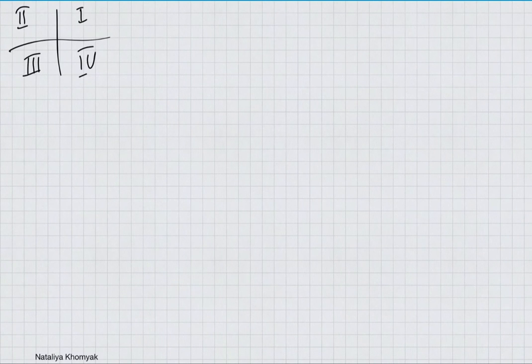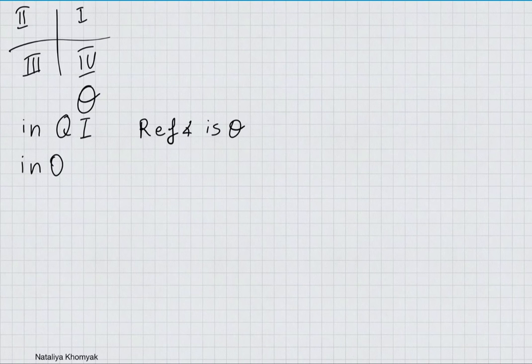Just to summarize, let's say our quadrants are 1, 2, 3, 4. If your angle theta is in quadrant 1, the reference angle is the same as theta. There is nothing you have to do with it. If your angle happens to be in quadrant 2, to find the reference angle you would take 180 degrees and minus the angle.